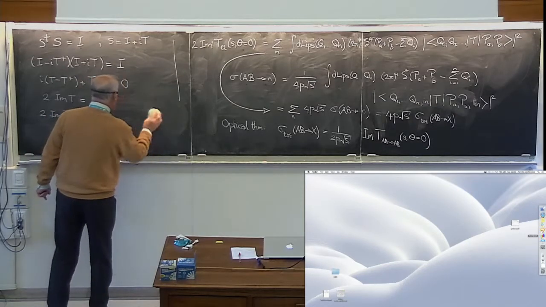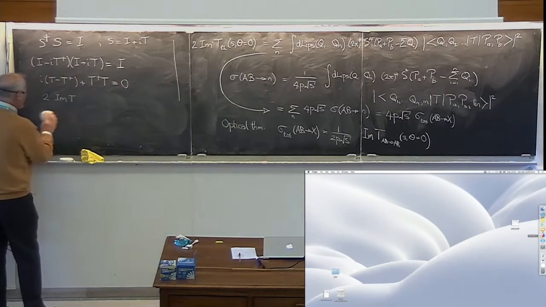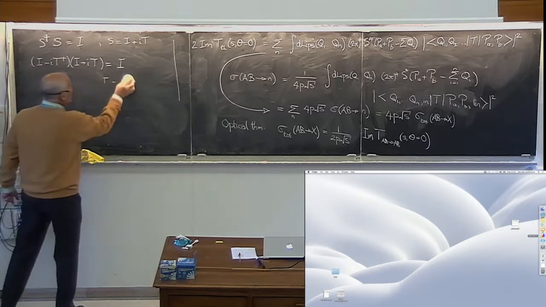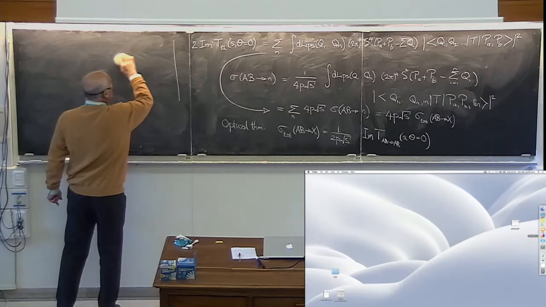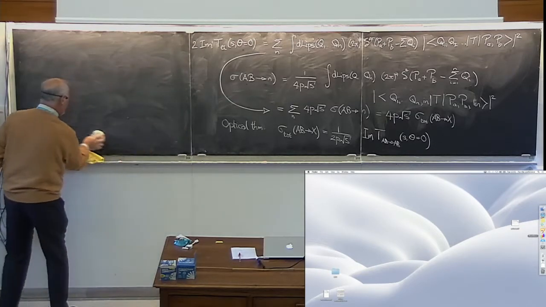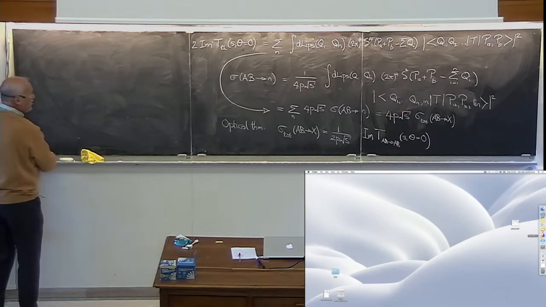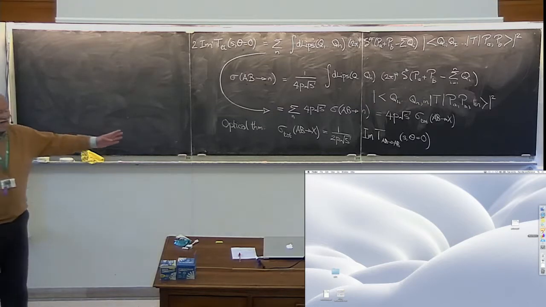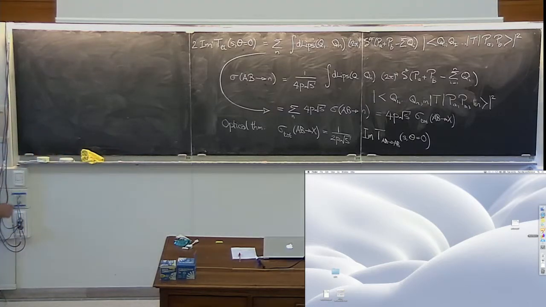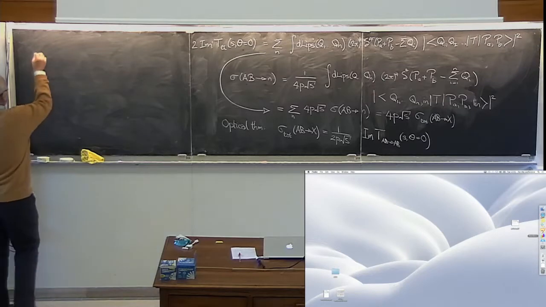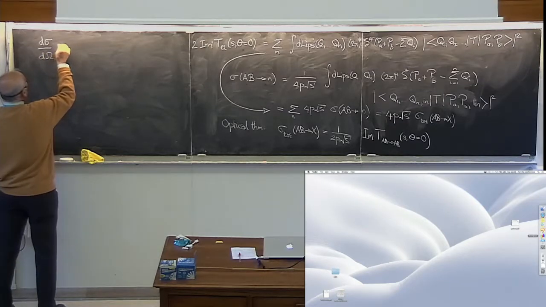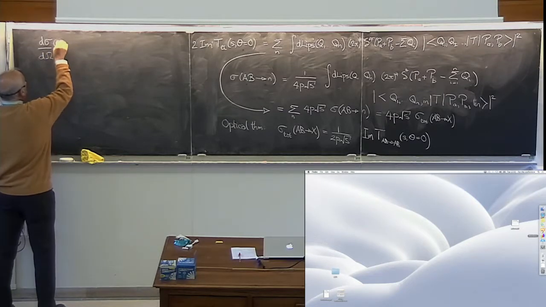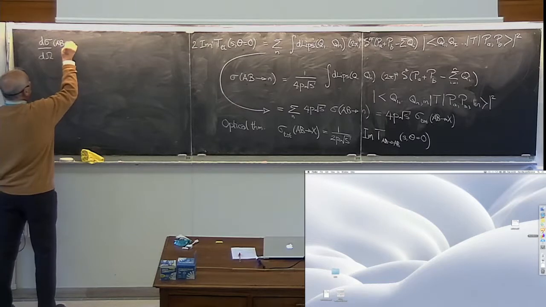Now, we probably want to do another step, and then we can have a short break. So let me go another maybe 15 minutes. This we can relate to the amplitude for the process. Let's consider the cross-section, which I defined yesterday, for, let's say, AB go to AB.